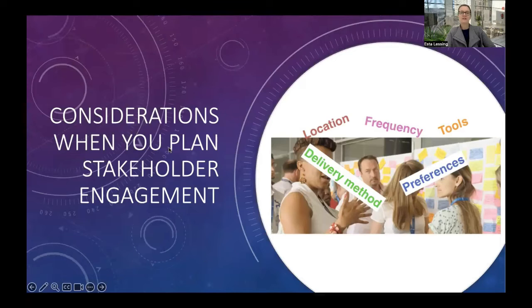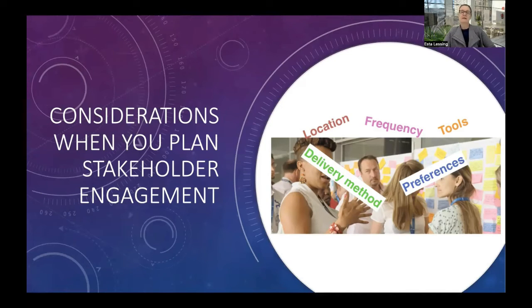Great. So what do you need to think about when you start planning your stakeholder engagement? You've done some identification, you've done the onion diagram, you've done the stakeholder matrix where you plotted the impact and the influence.